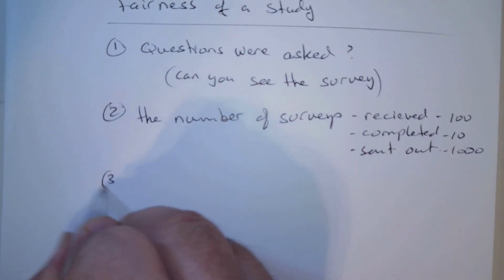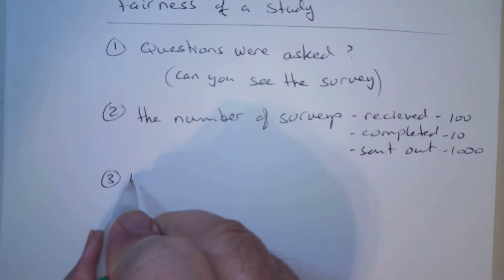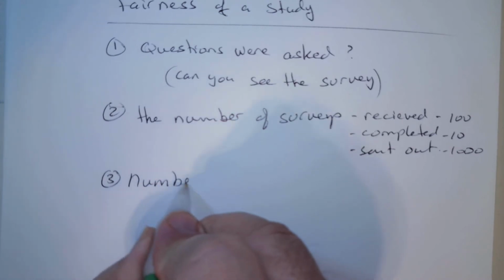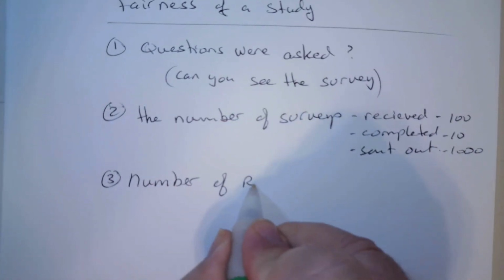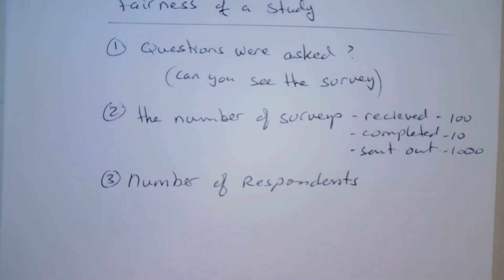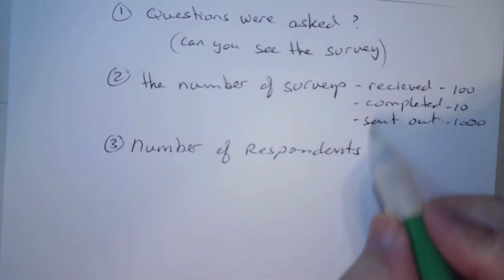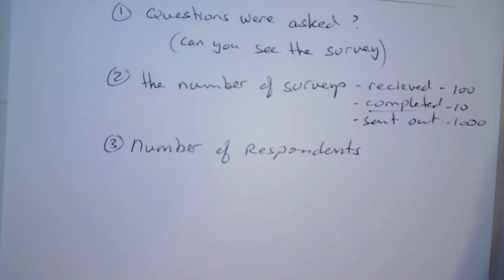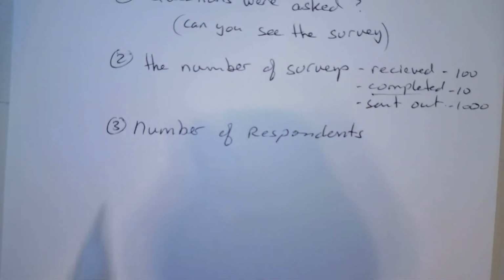So that's very important to know as well. Number 3, number of respondents. How many people completed the survey? How many people answered the survey? How many completed it?